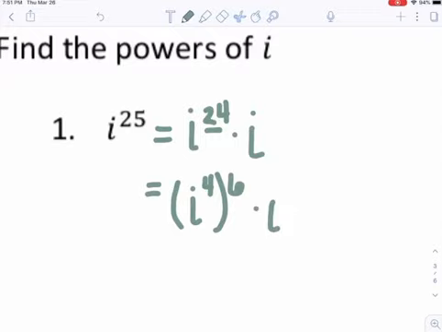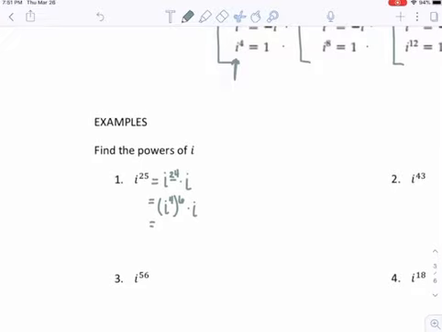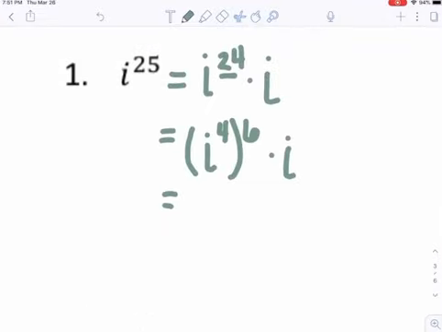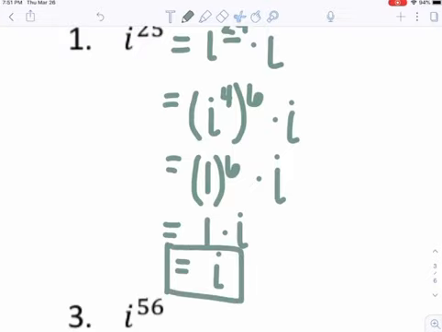Then I'm going to keep that i the same. Well, I know from this chart that i to the 4th is equal to 1. So this is 1 to the 6th power times i. I know 1 to any power is going to be 1. So this is 1 times i, which is just i. So the simplest form of i to the 25th is i.